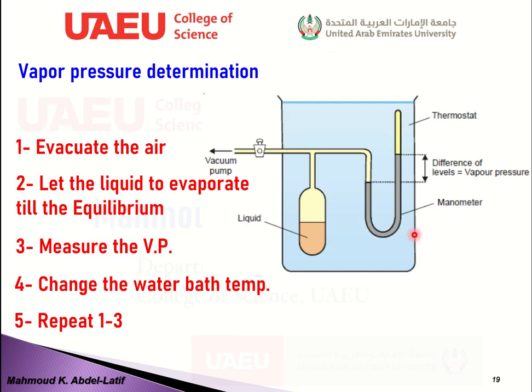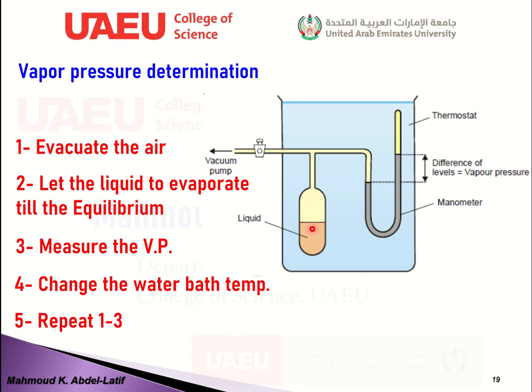We are going to use this setup. This is the liquid under consideration, and we have a vacuum here to remove all the air above the surface, and this is a water bath. At the first temperature, let the system sit for some time to reach an equilibrium between the vapor and the liquid.